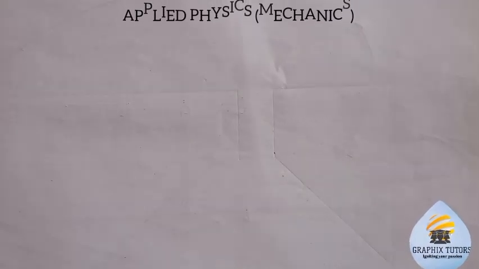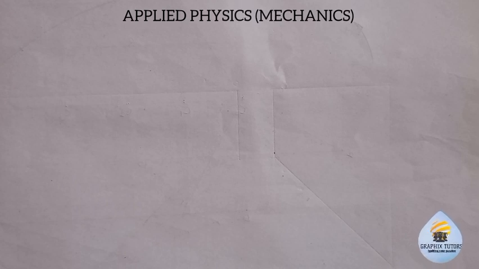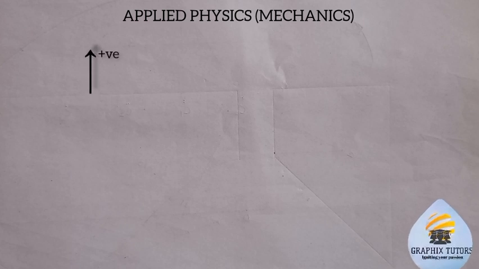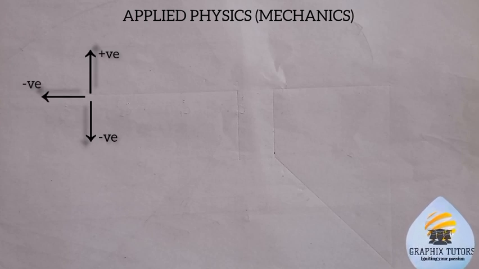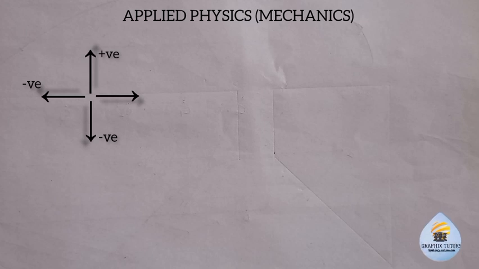Most people are faced with the confusion that when a force is facing upward, we say it is positive, and when it is facing downward, we say it is negative. When it is facing the left, we say it is negative, and when it's facing the right, we say it is positive.